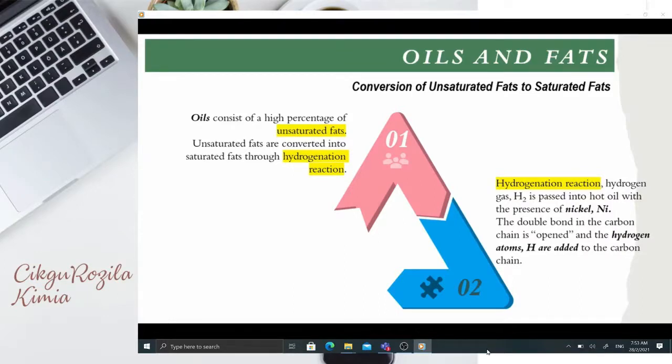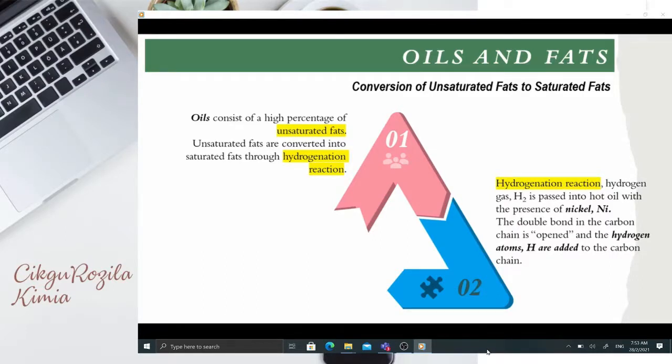Okay, oils tadi kita kata mempunyai high percentage of unsaturated fats. That means dia ada double covalent bond. Okay, with the presence of nickel. Kalau awak ingat lagi, hydrogenation yang kita belajar dalam alkene, untuk hasilkan alkane, dia boleh guna nickel atau platinum.